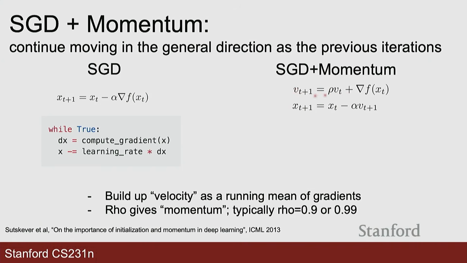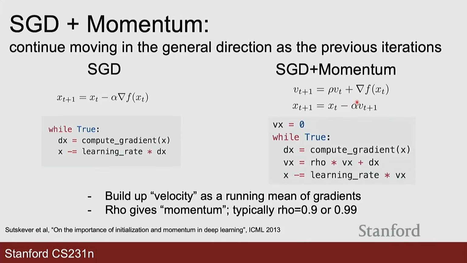And this is a running average, therefore, of the last gradients, and the momentum term here gives you how much to weight the past versus the present. So now we're updating by this, and we still have this alpha, which is the step size. So it's actually a very simple change, right? You just are now computing the velocity, which is a function of the previous velocity plus our gradient.